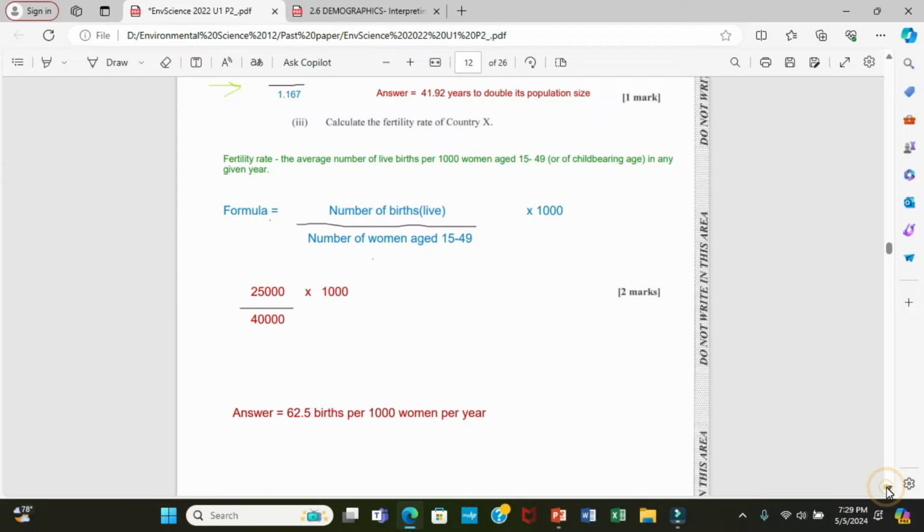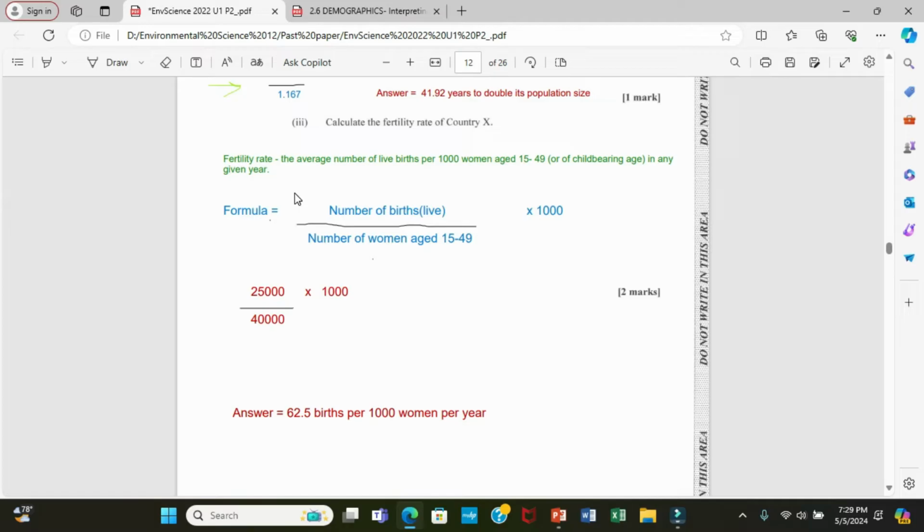All right, the next step says to calculate the fertility rate of country X. So let us go into the definition of fertility rate. Fertility rate is the average number of live births per 1,000 women aged 15 to 49, or of childbearing age, in any given year.